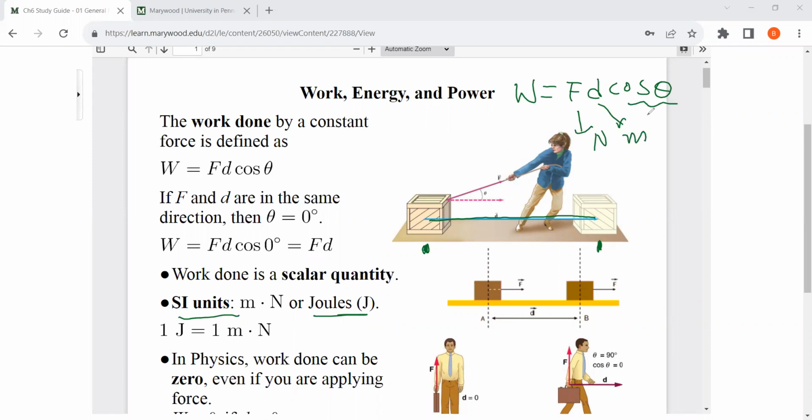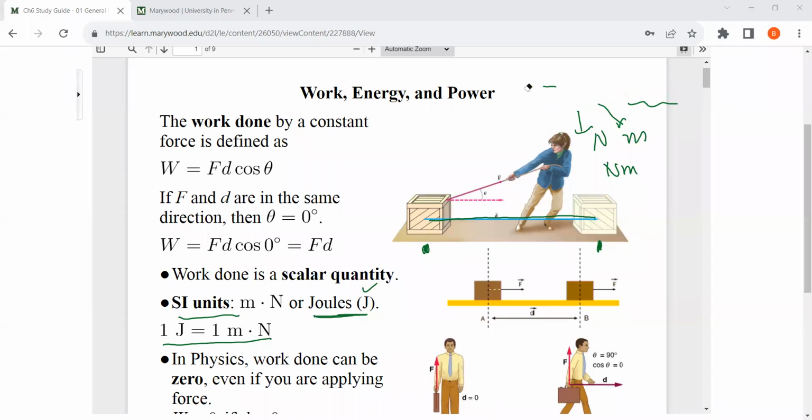So you can write newton meter as the unit of work done, but normally we use joule, and J for joule. So 1 joule is equal to 1 newton meter.